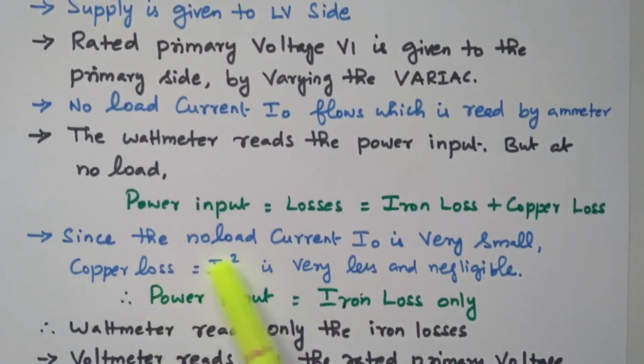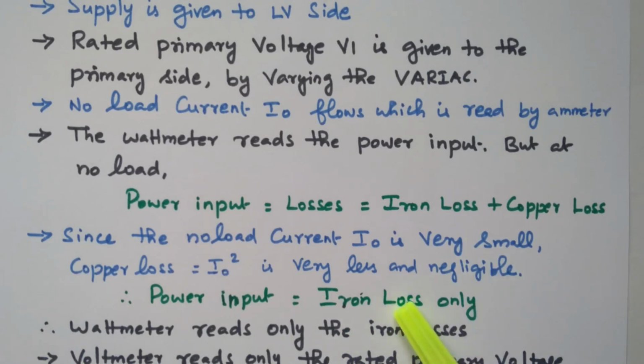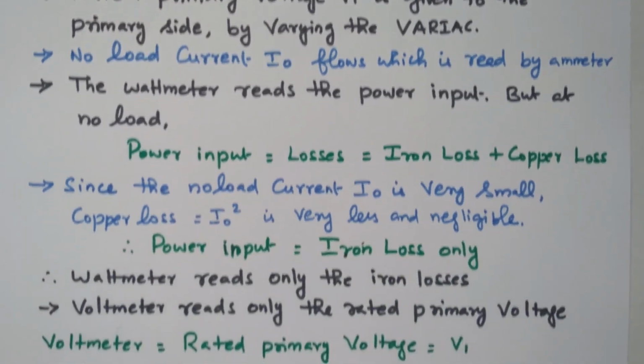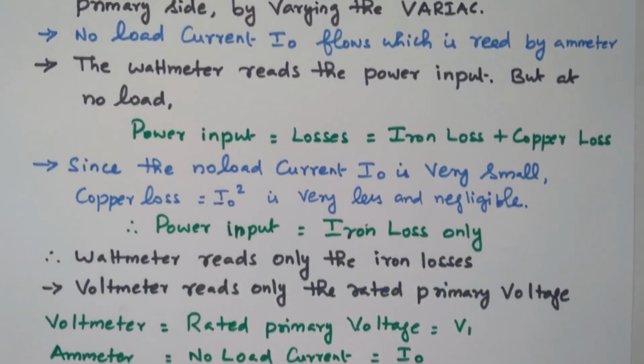But the no load current is very small, so the copper loss, I naught square R, is very small and negligible. So the power input refers only to the iron loss, because the current is very small and the copper loss can be neglected. So the wattmeter reads only the iron loss.